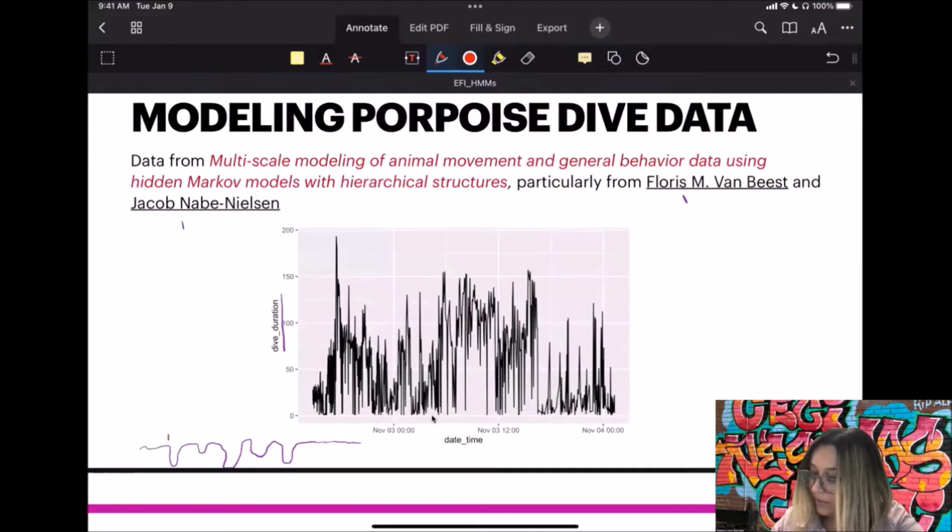Rather than focus on switches over time, they segment the time series into different pieces. So we have one piece here, one piece there. So this is one dive. This is another process. This is at the surface behavior. Then we have our third smaller dive, again at the surface.